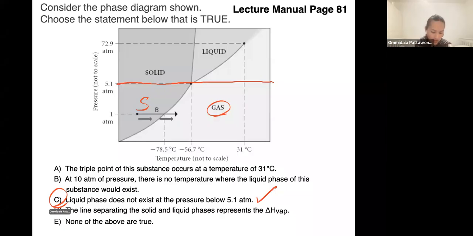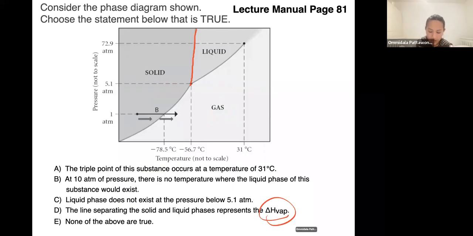Before we move on, let's take a look at why D is incorrect. D says the line separating the solid and liquid, this line right here, represents the delta H of evaporation. This is not true. The line right here is actually the fusion curve.